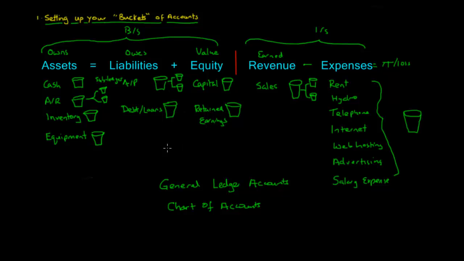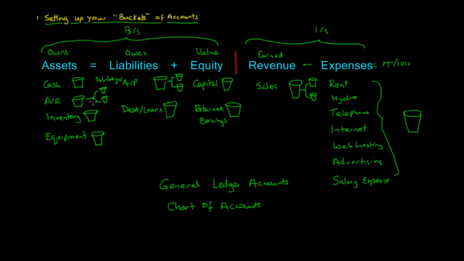If you were using a spreadsheet, it may be useful to create each one of these in a separate tab on, say, Excel or on your spreadsheet. And if you're using a more complex accounting package, the package would usually have you set these up right at the start, including what the opening balances are or opening amounts are for each of these buckets, so that on an ongoing basis, the system can then keep track of what goes in and out of each of these buckets.